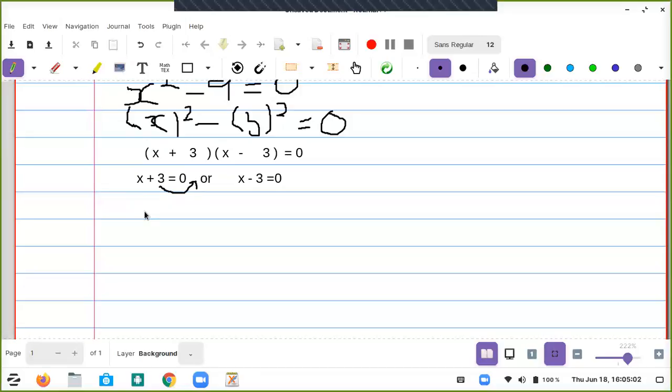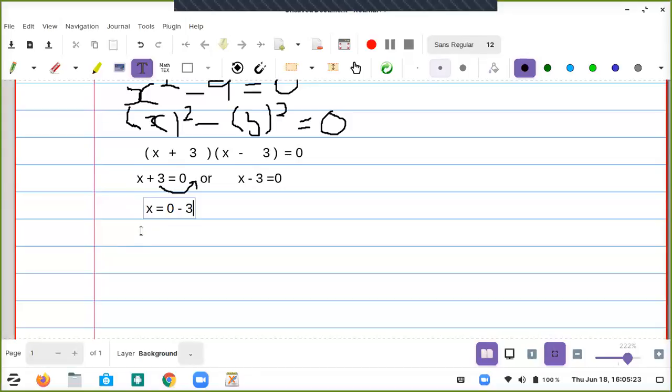It means then that my x is going to be alone, which means it becomes x is equal to, remember the 0 which was there already, then the incoming term becomes negative 3, right?